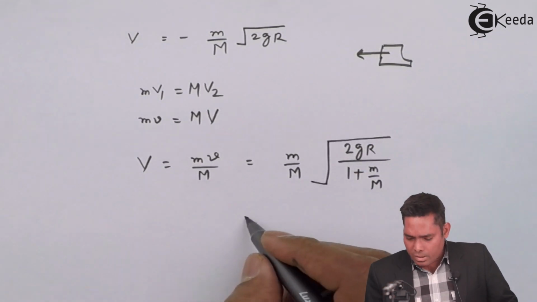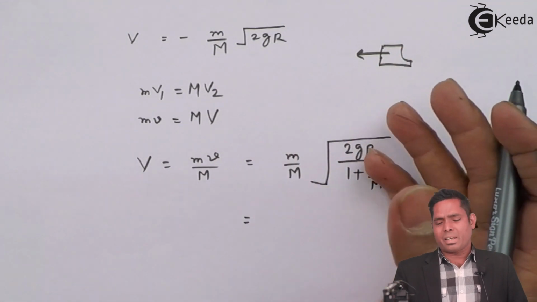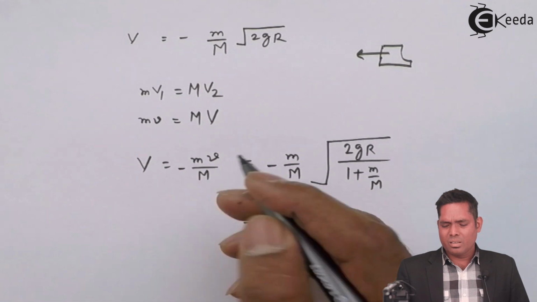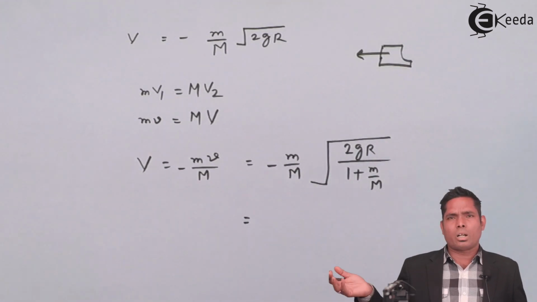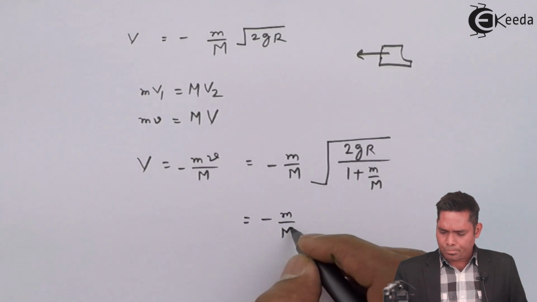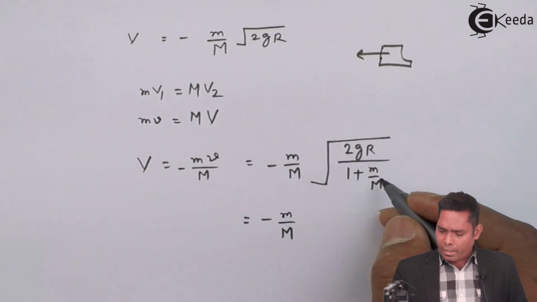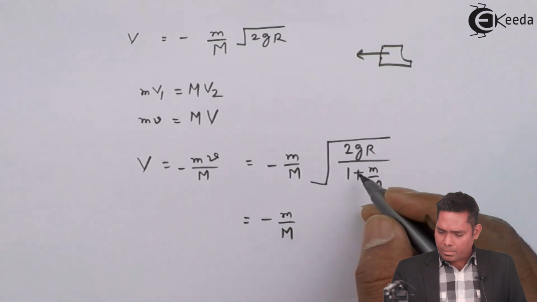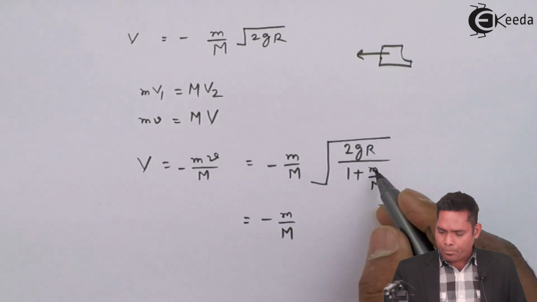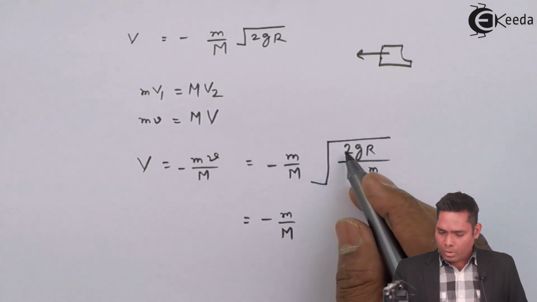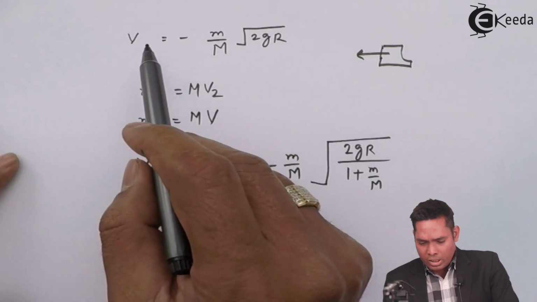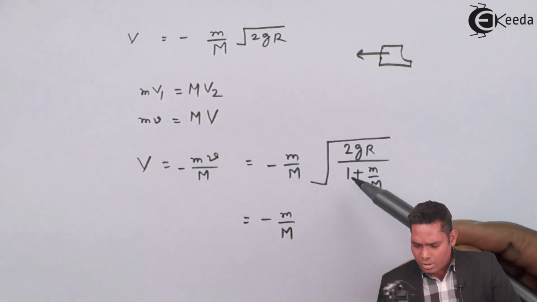If I solve this, obviously if you want to give a negative sign you can give it, because the velocity is opposite to that of the other. So this is minus m over M. If I solve this, then this becomes m plus M over M. Finally we have to see whether this matches with this.